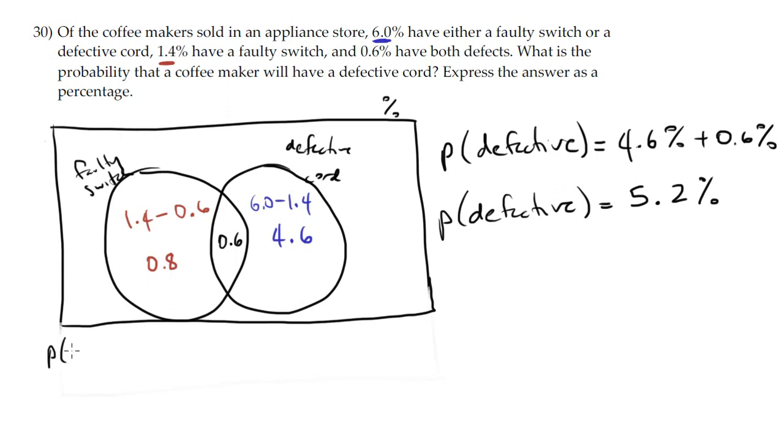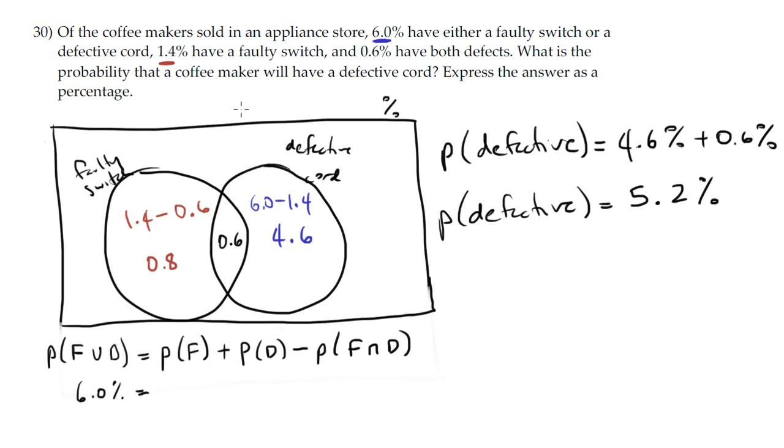In this case, it'll be the probability of, I use F for faulty, or defective would be the probability of a faulty switch plus the probability of a defective cord, minus the probability that you have both a faulty switch and a defective cord. So we have the first probability. We have the probability of a faulty switch or a defective cord. That's 6.0%.